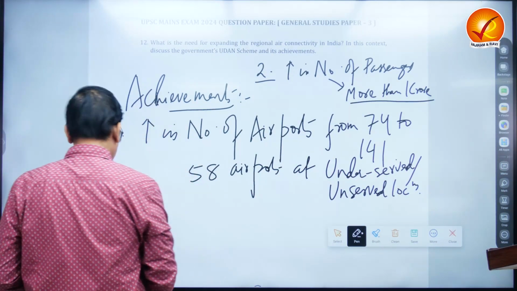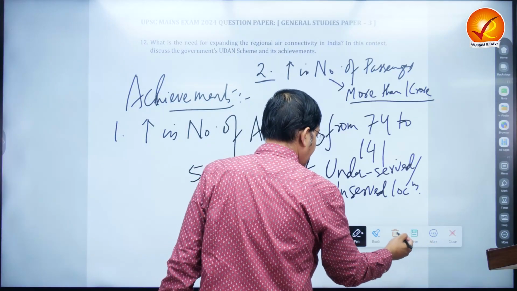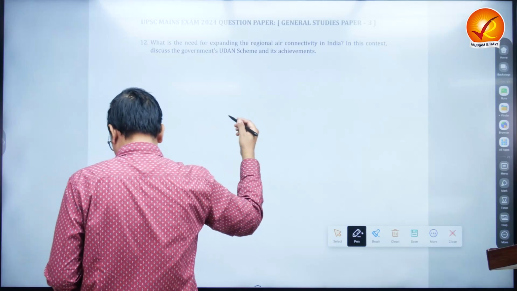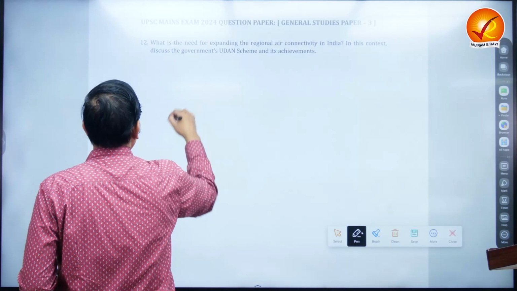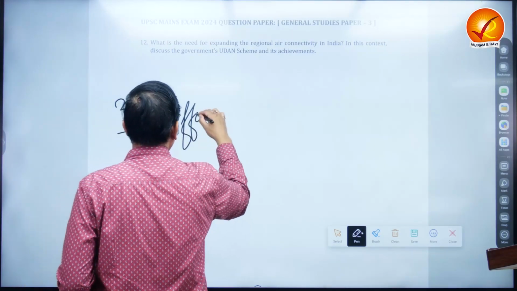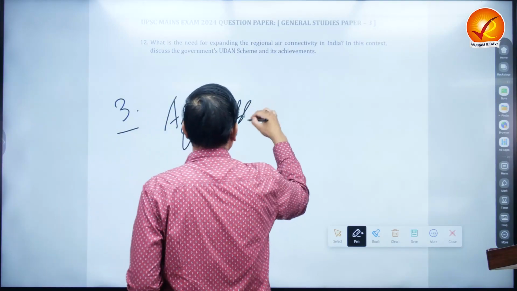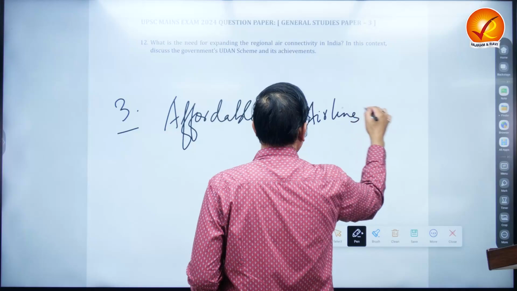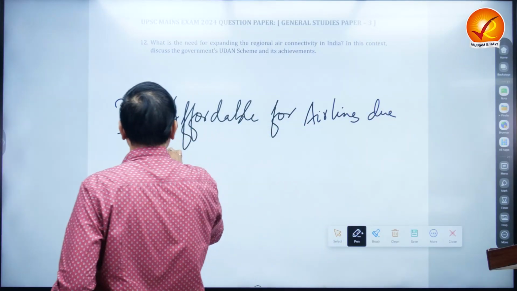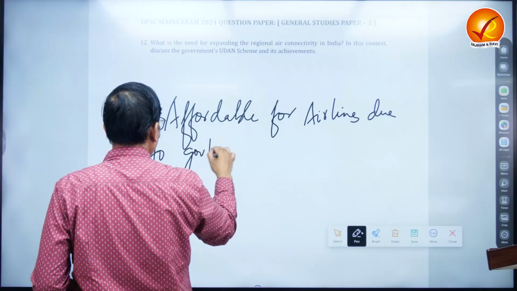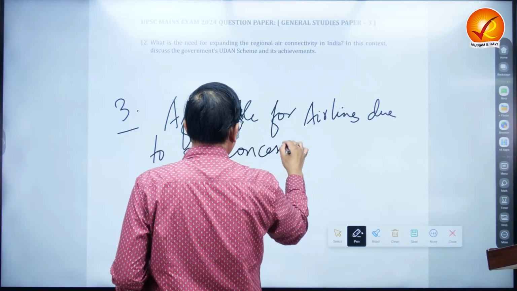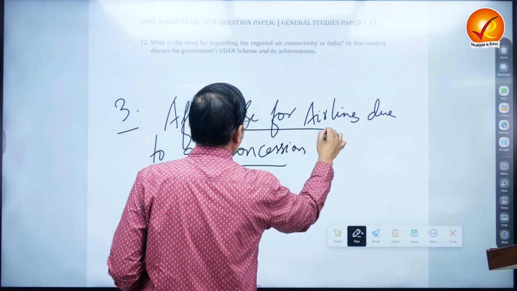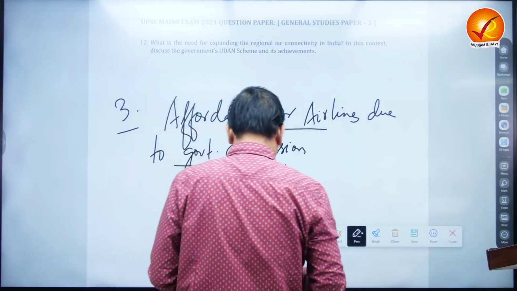Okay. Then in achievement you can talk about things like it has been affordable for the airlines due to government concessions. Without government concessions, the airlines wouldn't have gone into providing these services at a lower cost.